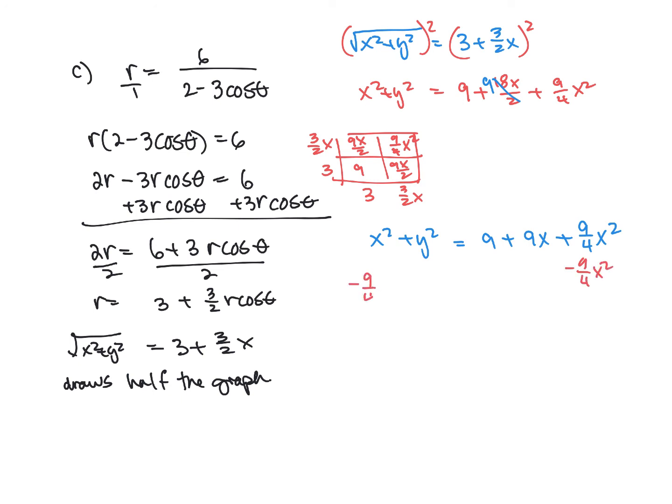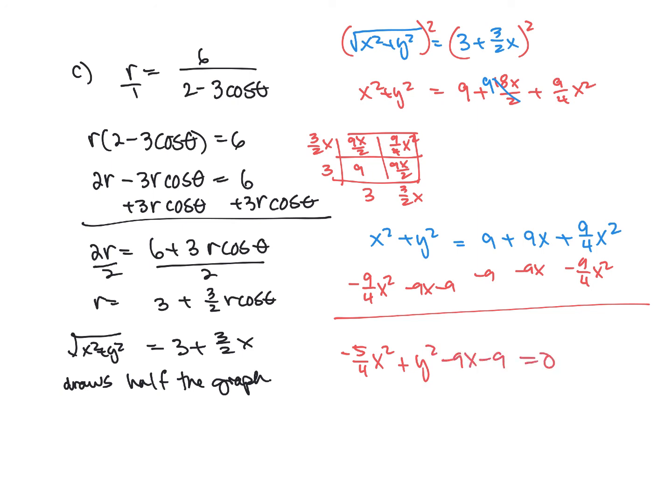I'll bring over the negative 9x here, and then I'll bring over the 9 right away. So my final equation would be x squared minus 9/4 x squared, that would be negative 5/4 x squared. I could write the plus y squared next, and then minus 9x minus 9, and that would equal 0. That would be another way to represent that one.